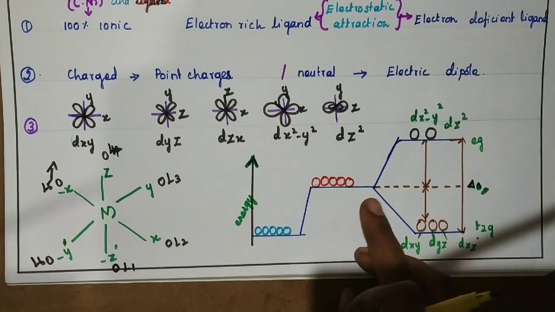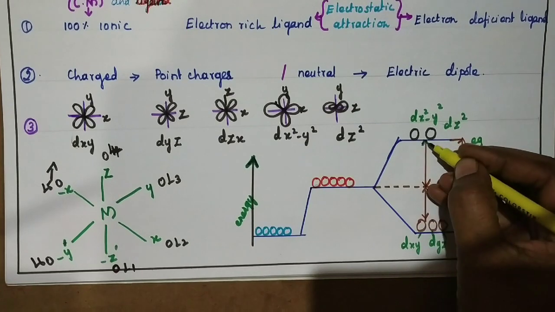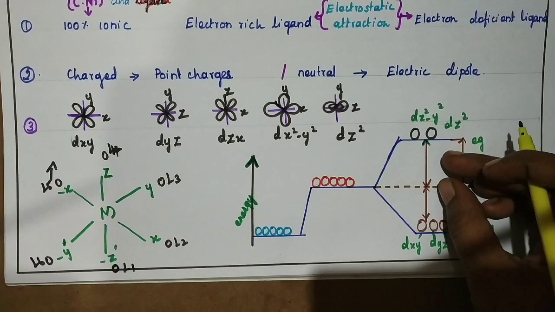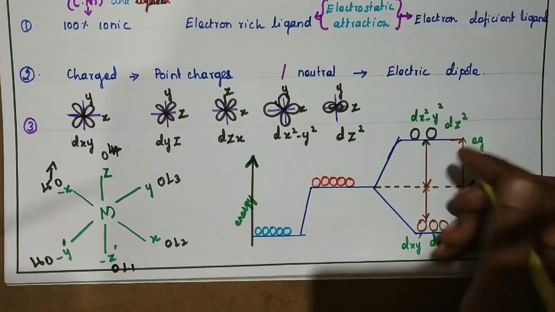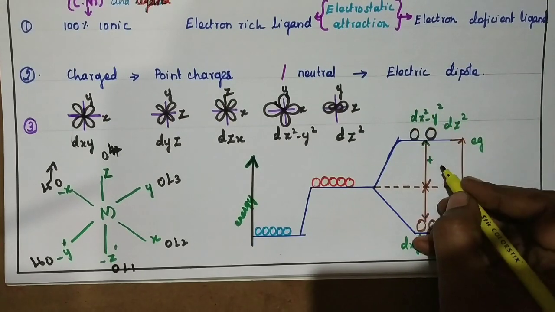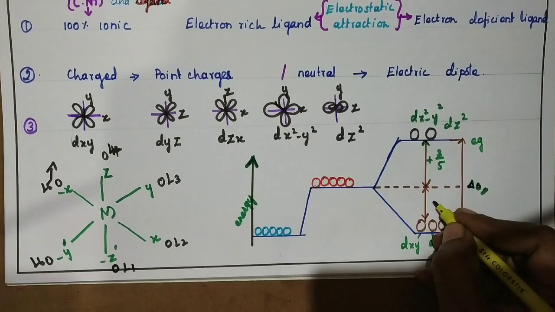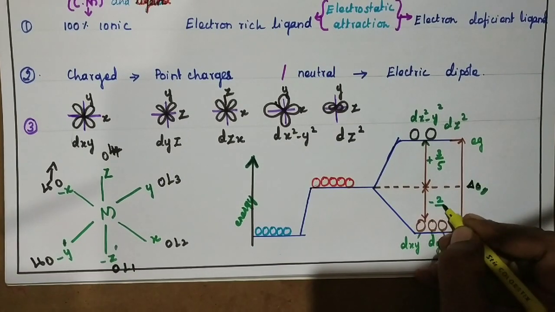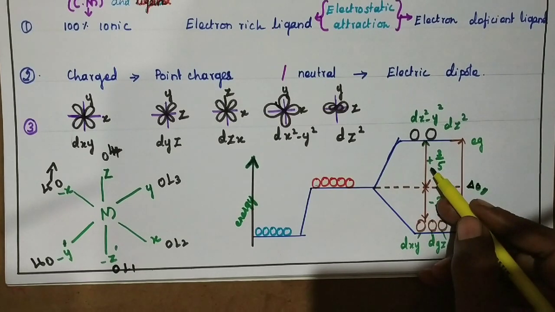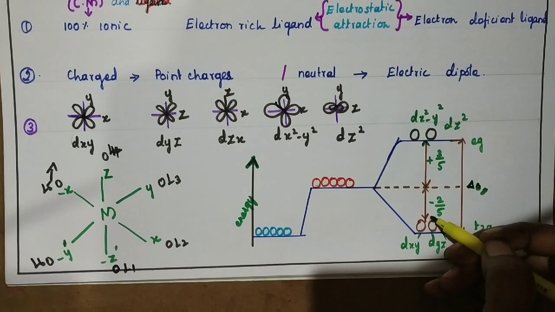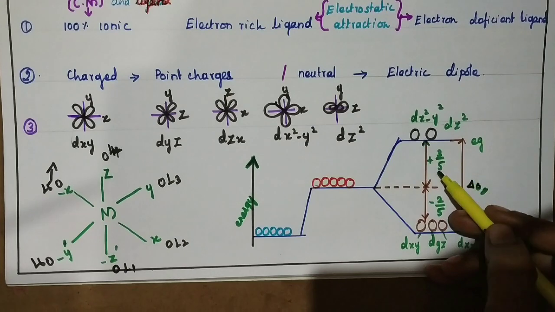The energy of the dx square minus y square and dz square orbitals will be increased, higher than the other three. Out of the total 5 orbitals, 3 are decreased, by minus 2 by 5, and the remaining 2 are increased, by plus 3 by 5.